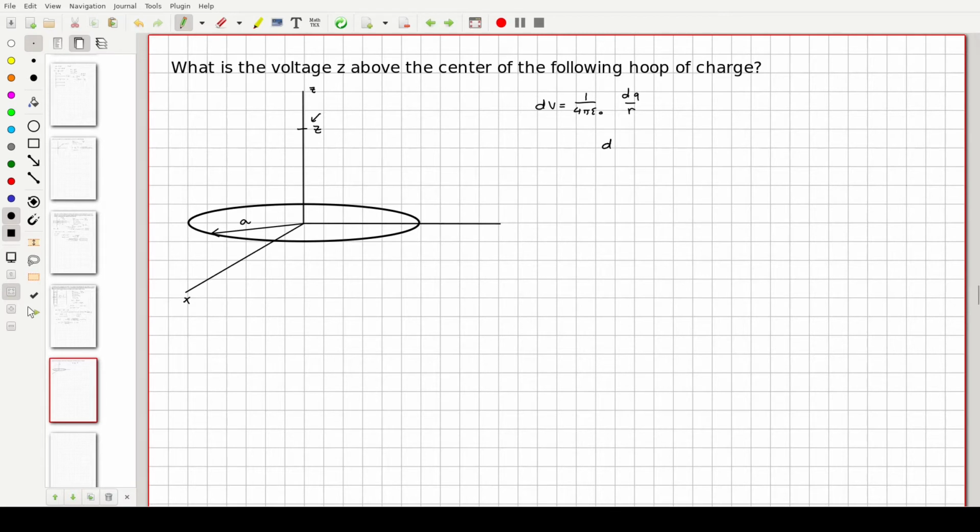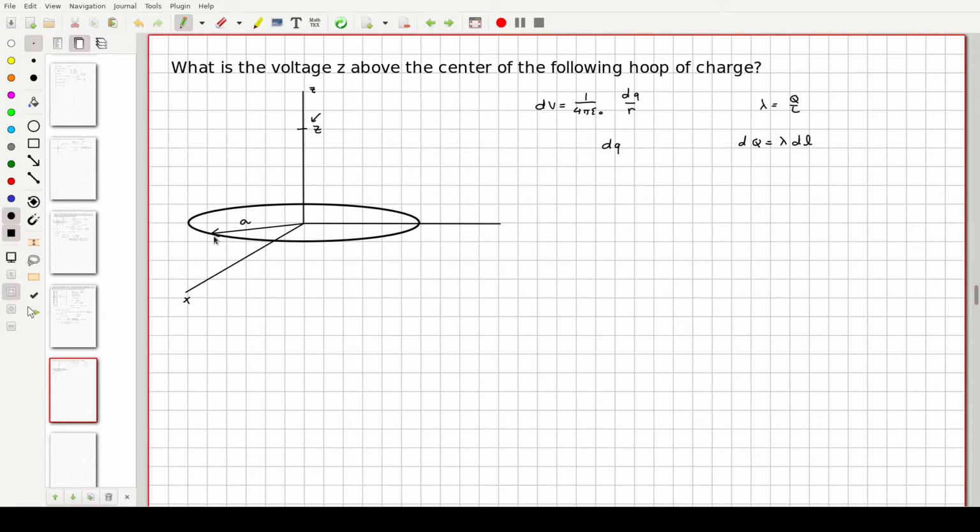So dq is basically us adding up all of the charge along this when we integrate it. If you remember, lambda is equal to q over length, because this is along a line, it's just a hoop. So here, dq is going to be lambda dl.